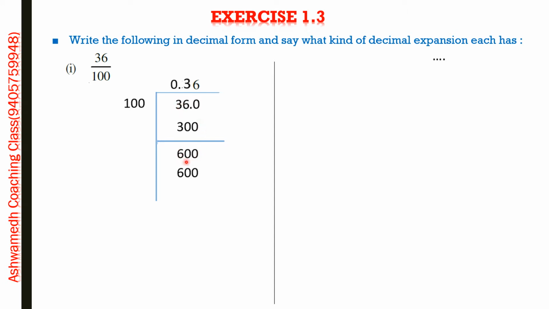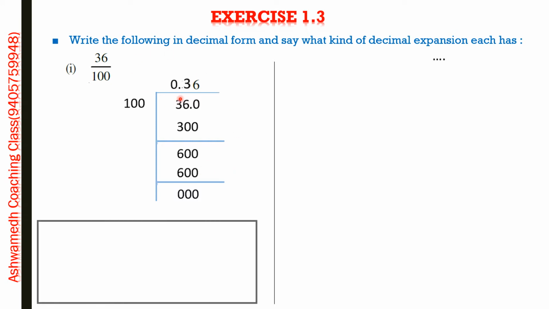Again we cannot divide 60 by 100, so we take another 0 and get 600. 100 into 6 is 600, and 600 minus 600 is 0, so the remainder is 0 and we can completely divide. 36 divided by 100 gives 0.36. There is no further remainder, so if the remainder is 0, that decimal is terminating.